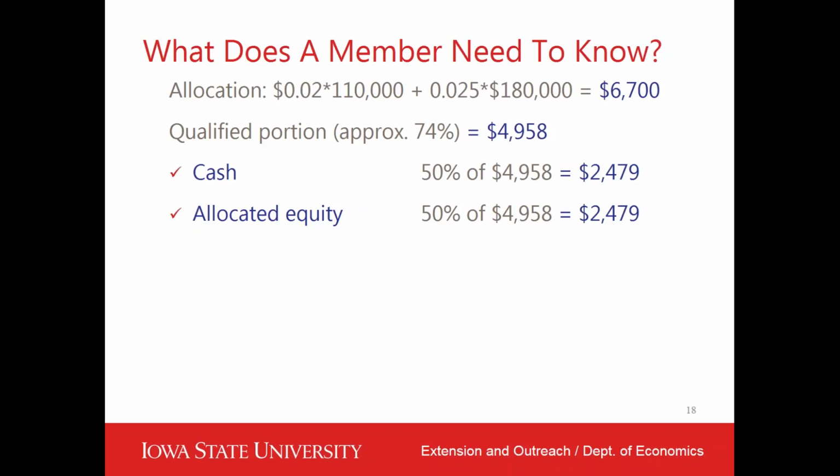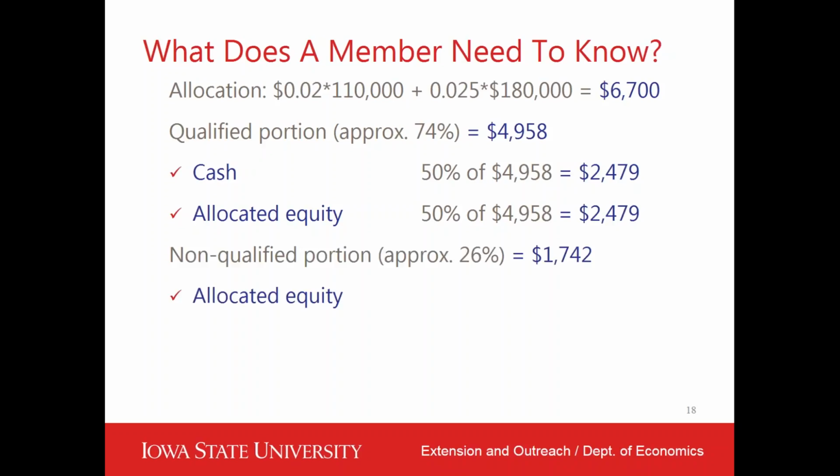And they're going to receive notice that equity has been allocated in their name at the co-op of the same amount, $2,479. 50-50 split on the cash and allocated equity. Co-ops sometimes choose 60-40, they can choose 70-30, 50-50, I just picked a mid-range here. They can also choose 100% cash allocation with no allocated equity on a qualified way. The non-qualified portion turns out to be about $1,700 of this, and that all goes into allocated equity.